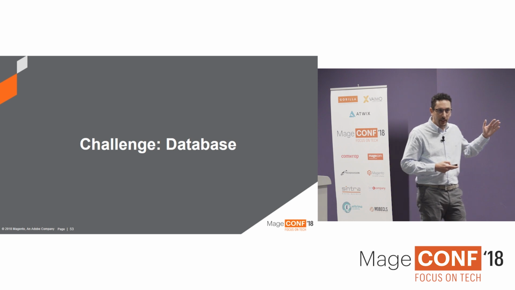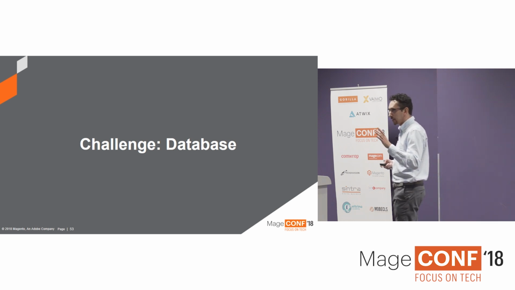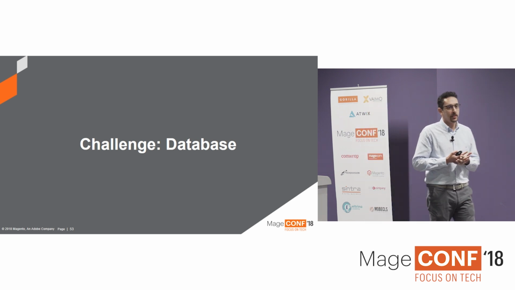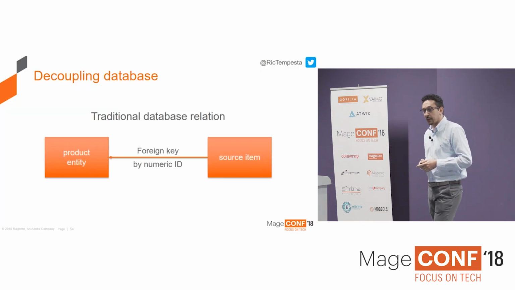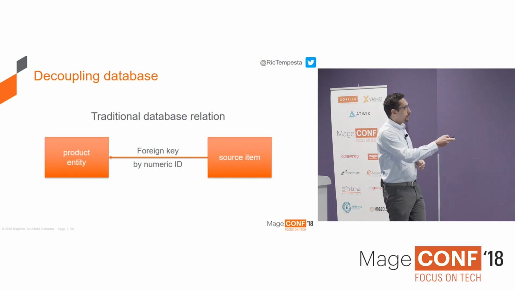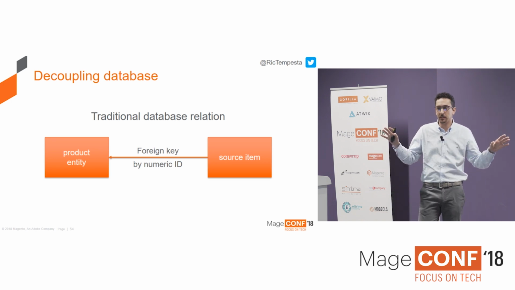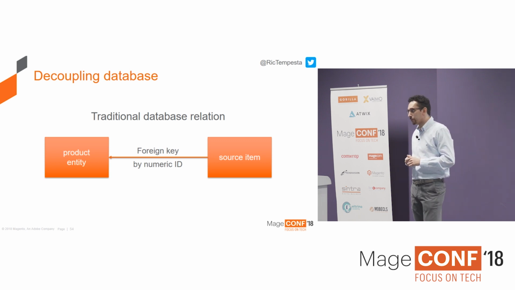So the next challenge behind MSI was dealing with the database. And this is very interesting from my perspective. When you have to scale a database, especially with MySQL, you have one huge problem: foreign keys. Because if I have one module that depends on another module's database implementation and it's declaring a foreign key, I cannot have two separate databases, for example. I have to be in the same database. And this is a huge problem.